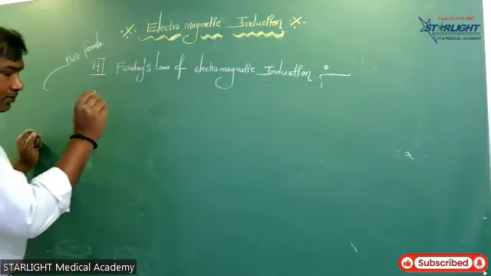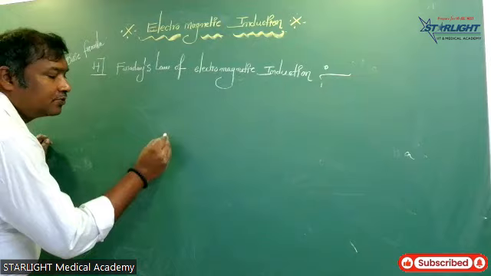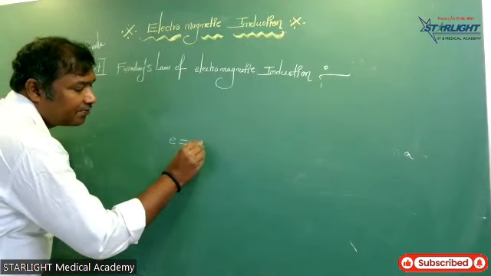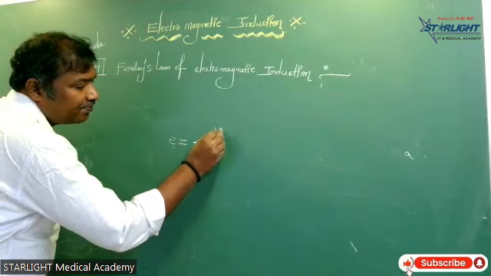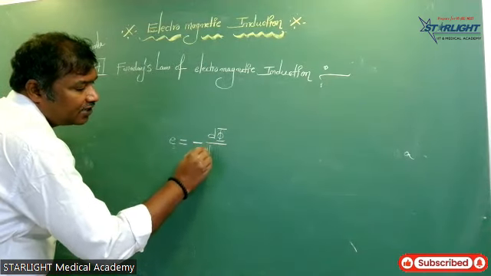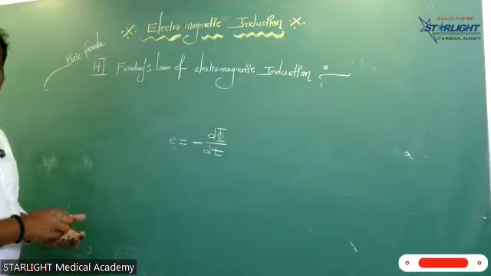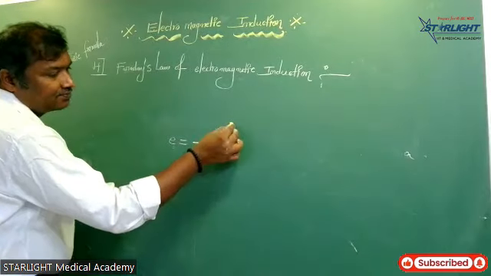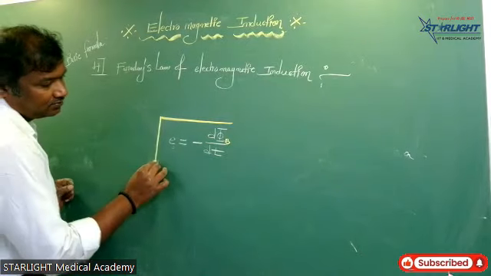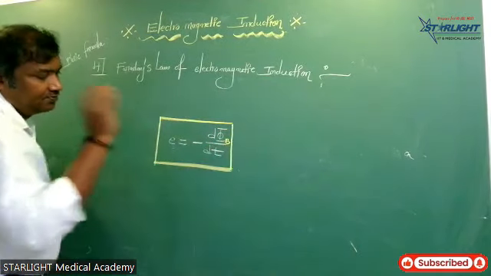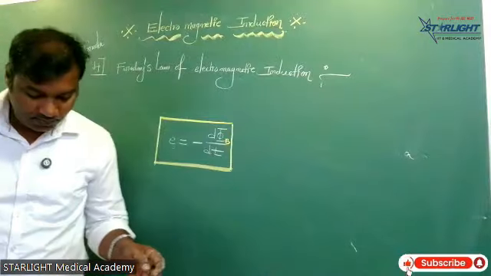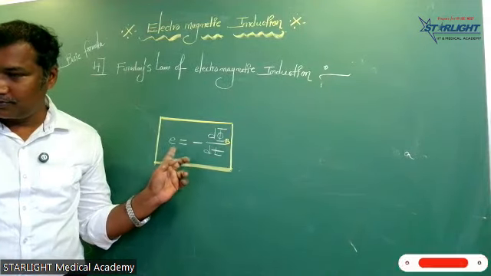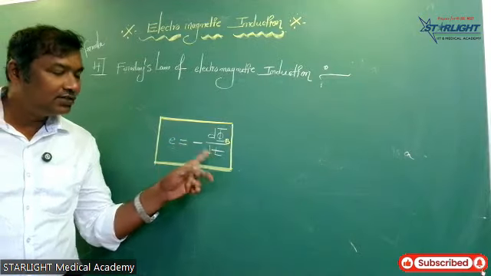వినండి, ముందు ఈక్వేషన్ రాస్తున్నాను. EMF is equal to minus dφ/dt. E is equal to minus d magnetic flux. దీని స్టేట్మెంట్ చెప్దాం.